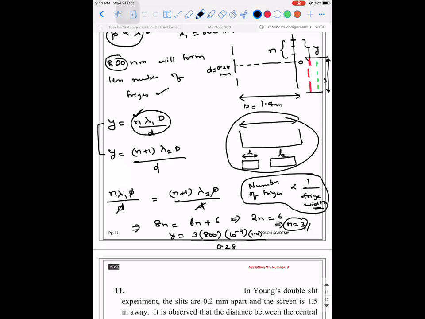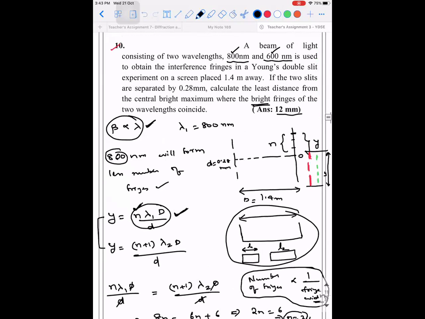Sir, how did we get n plus 1? See, I'm saying if the nth bright fringe of 800 nanometer is going to go inside, nth bright fringe, they're asking least distance. So if n red fringes are there, then n plus 1 green fringes will be there.